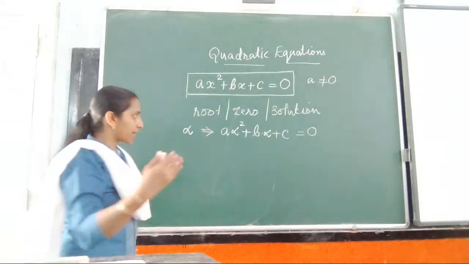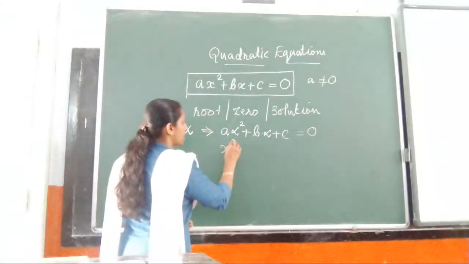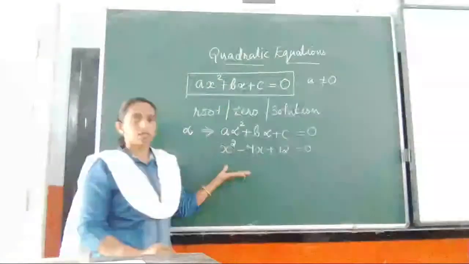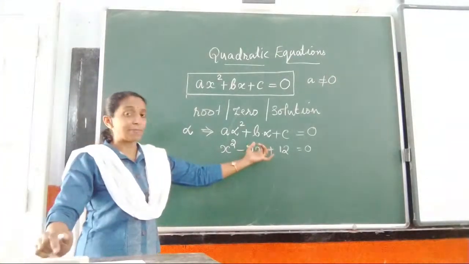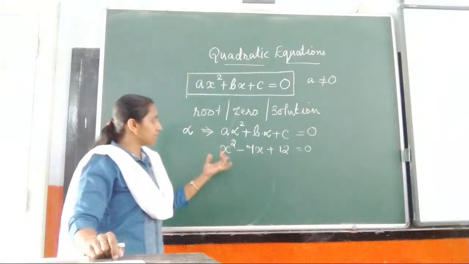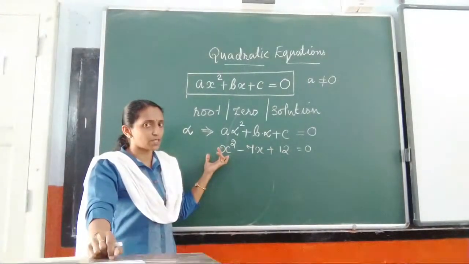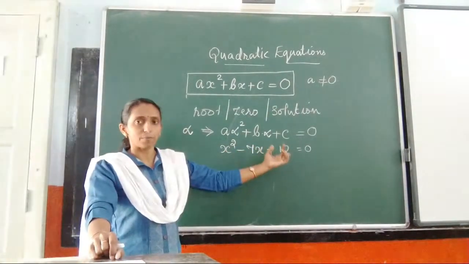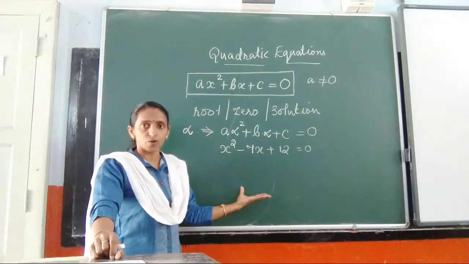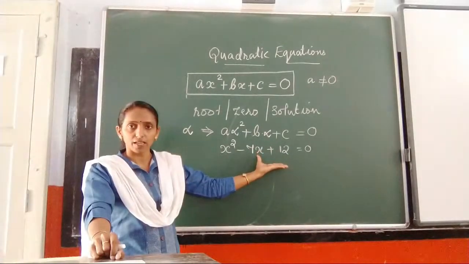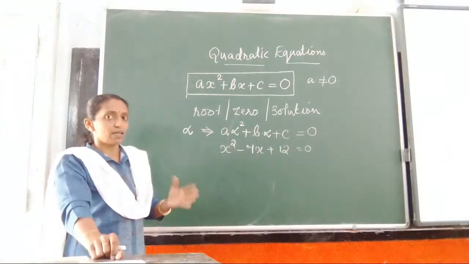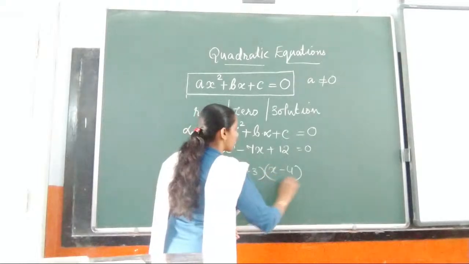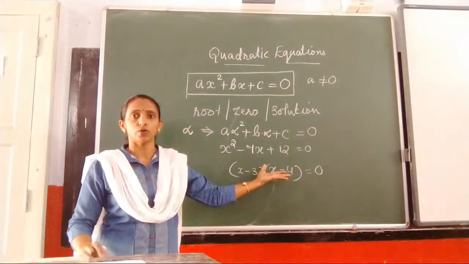For example, if you have the quadratic equation x square minus 7x plus 12 equal to 0, to factorize this we have two numbers: x square minus 4x minus 3x plus 12 equal to 0, and finally you get x minus 3 into x minus 4 equal to 0, a product of two terms equated to 0.